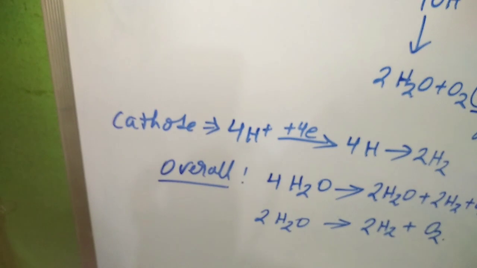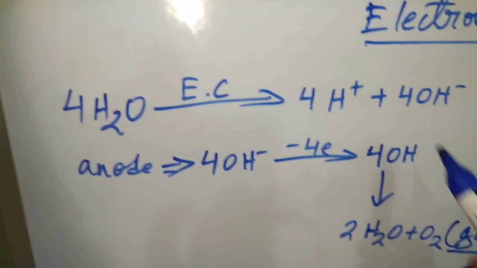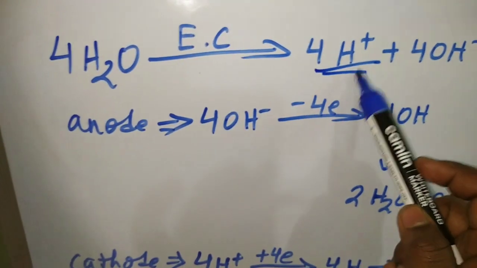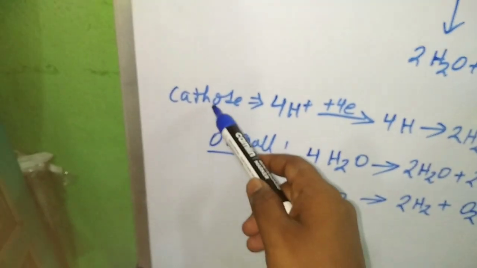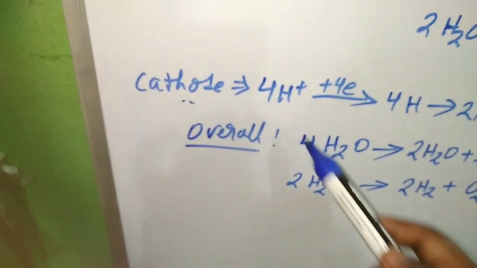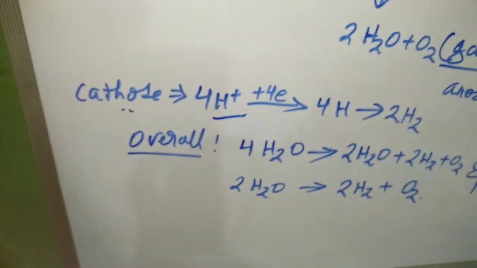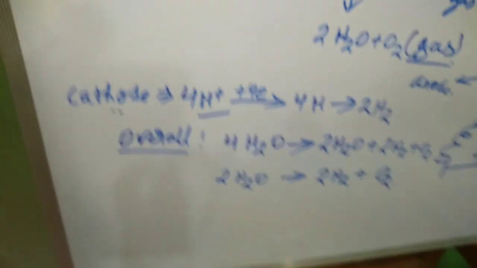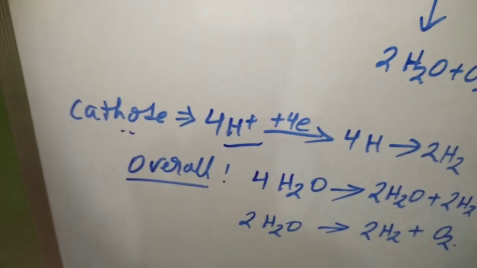Now it's time for the cathode. This hydrogen ion will be carried to the cathode. The reaction will be carried out: 4 hydrogen ions, yes, and it will take 4 electrons. From where?